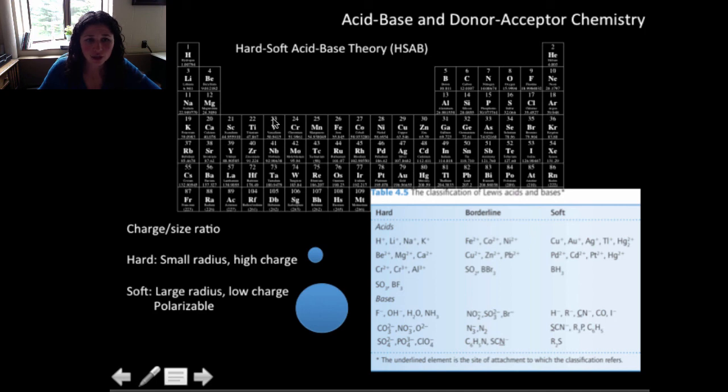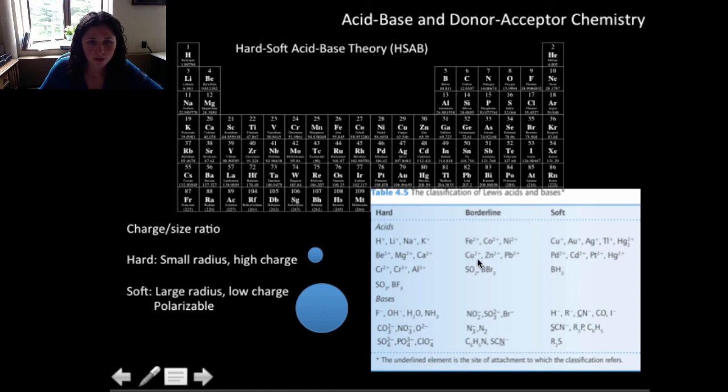And in general, in the transition metals, the hard or soft character depends on the charge and the size of the atom. So you'll see something like copper 2+ is a borderline metal, but its lower charge partner, copper 1+, would be soft.